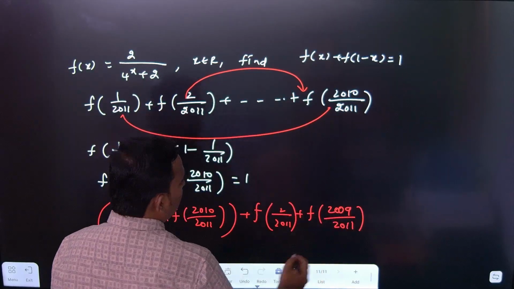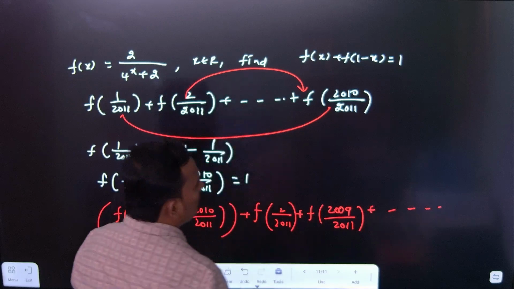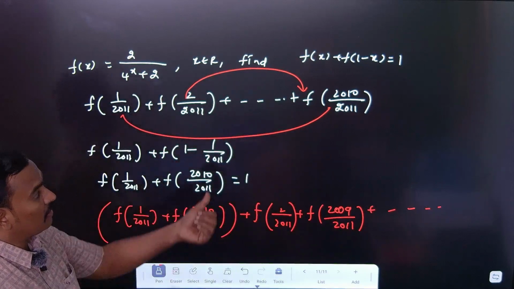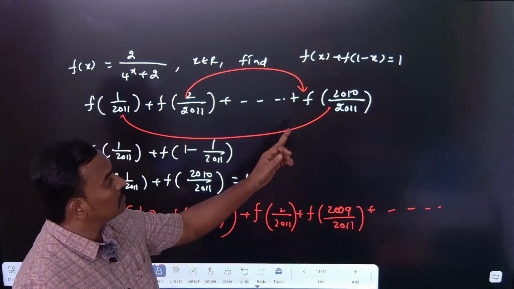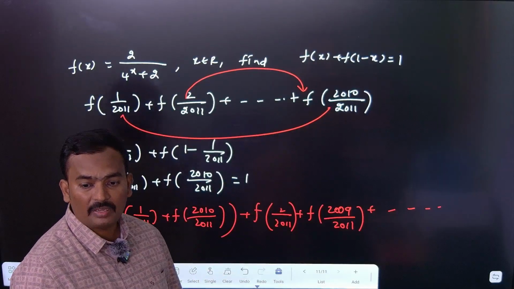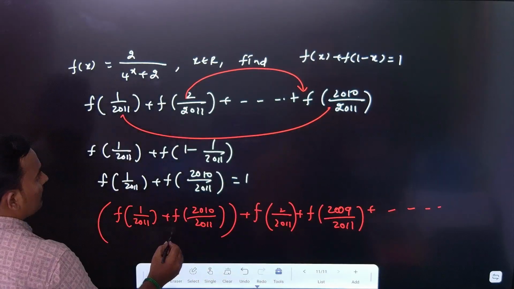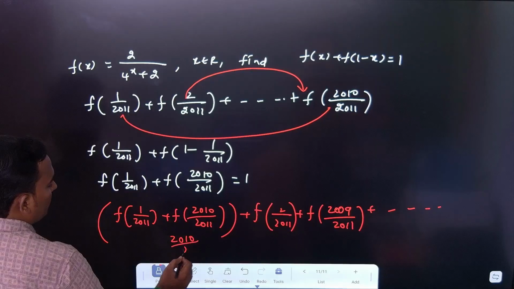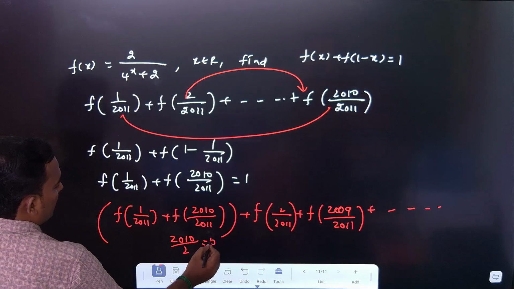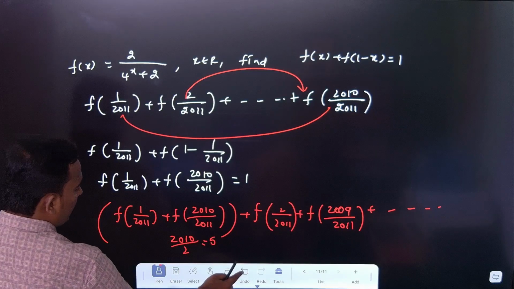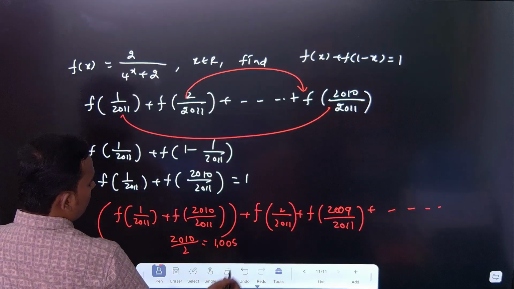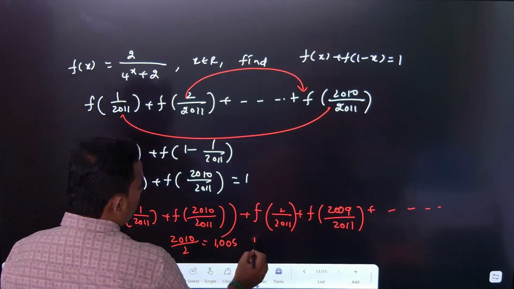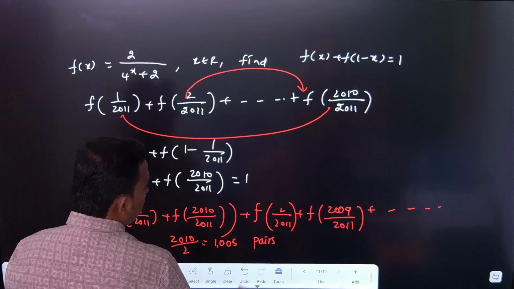This is another pair, and so on. How many pairs are possible here? 1 to 2010. How many pairs are possible? It is an even number. Divide by 2. 2010 by 2, how much will it be? 1,005, right? 1,005 pairs possible. Correct?